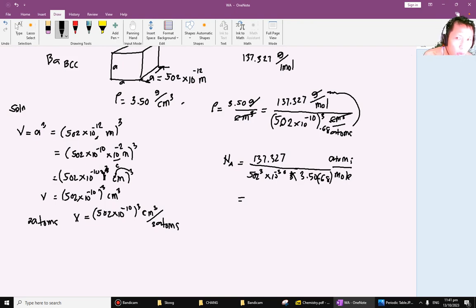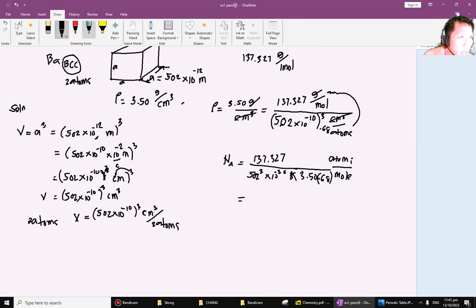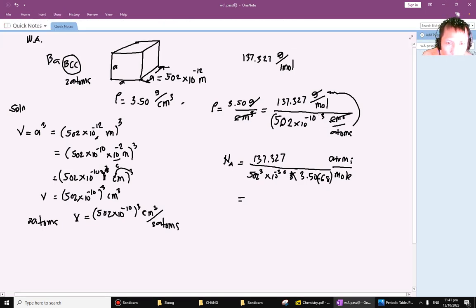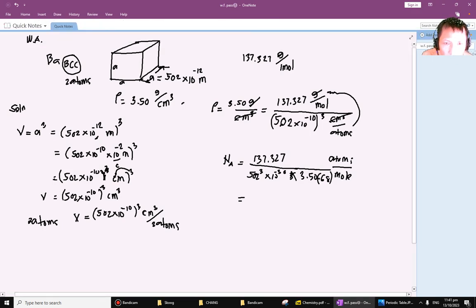The number of atoms per unit cell, for a BCC, again, that is the key. For a BCC, there are two atoms. We have already counted that. We have already established that. So I think I only need to delete this 0.68, and then where are the two atoms?